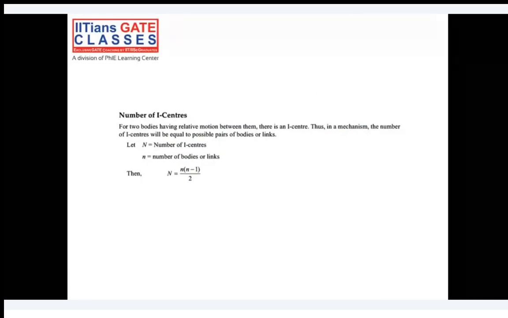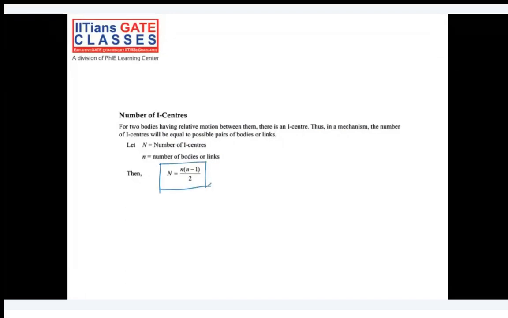Suppose there are small n number of links in a linkage or a mechanism. Then n into n minus 1 divided by 2 will be the total number of I centers in the mechanism.